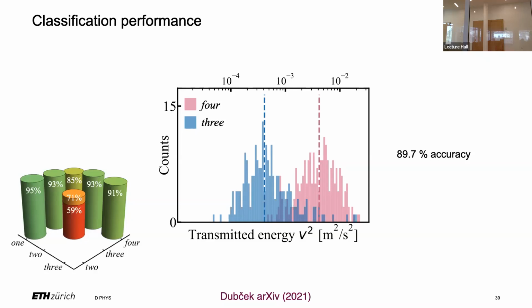In particular, the 2 and the 3 was really bad, only 59% accuracy on the classifier with the linear system. And now, if you build in a simple model of non-linearities that you can still kind of control, you see how you can bump it up to 71%. So that shows that using non-linearities in these mechanical degrees of freedom is a way to improve the performance of such a classifier.